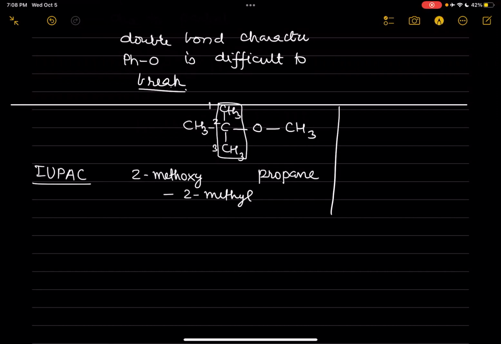And the common name: this is methyl and this is tertiary butyl, because it is an alkyl group having 4 carbon atoms, butyl, and it is a tertiary carbon. This is the common name, methyl tertiary butyl ether.